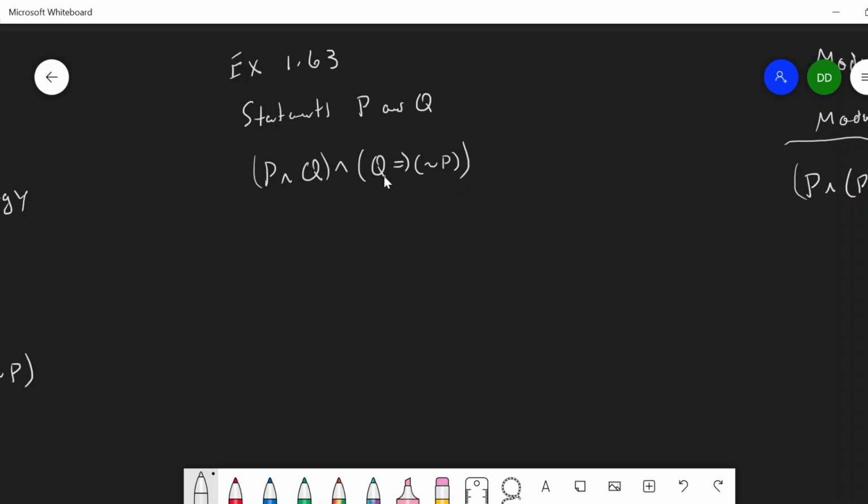If Q is true, then not P must be true. Then we would have P and not P. So I could rewrite this to say P and not P, which we know is a contradiction.